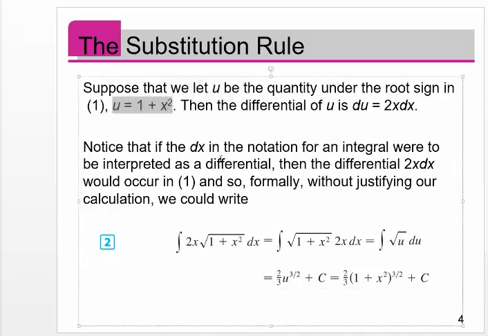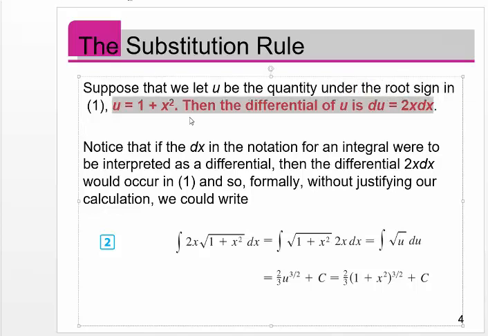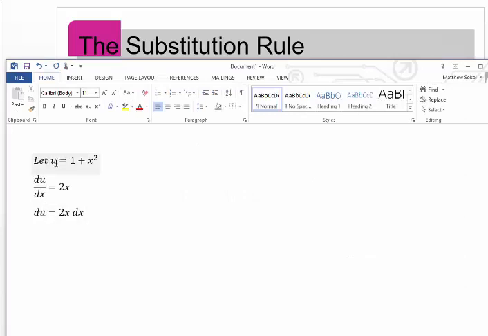Then the differential of u, which you learned about in Calc 1, is du equals du/dx times dx. Maybe this part is a little confusing, so let me show you exactly what we're doing. I'm letting u be what's underneath the radical.